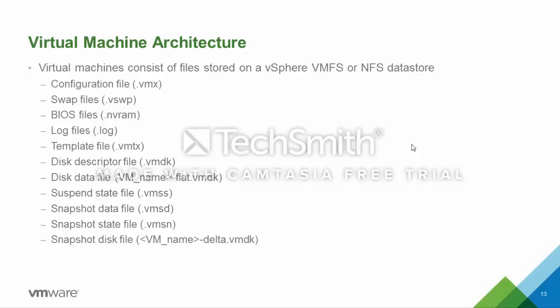Our virtual hard drives have what we call a descriptor file and a data file. The descriptor file basically describes the properties of the virtual disk where data is stored.